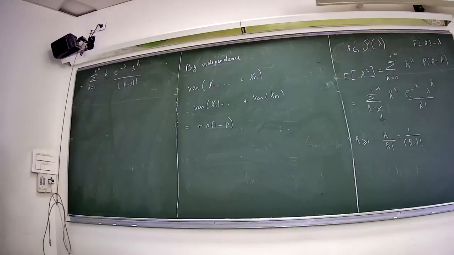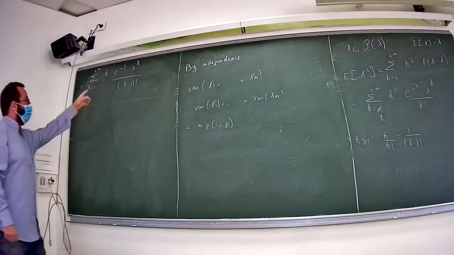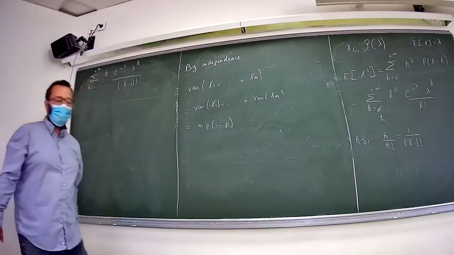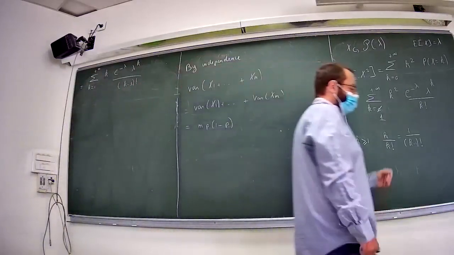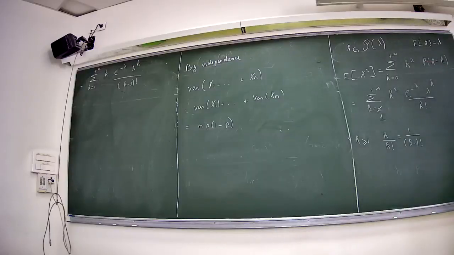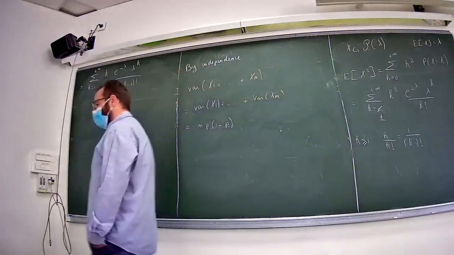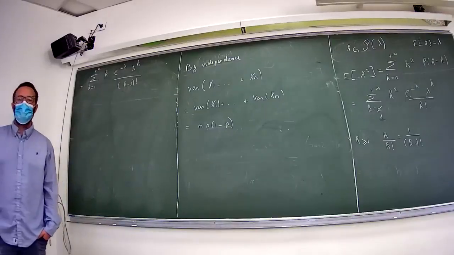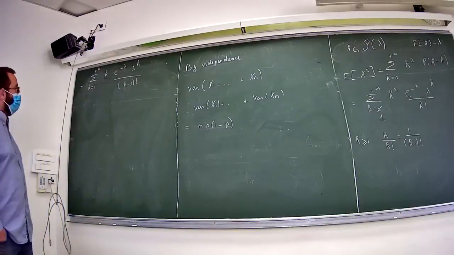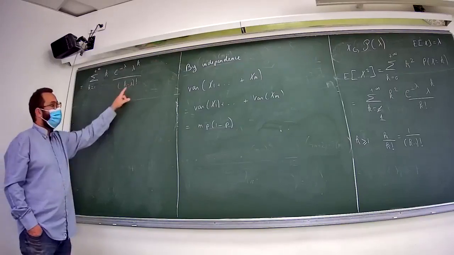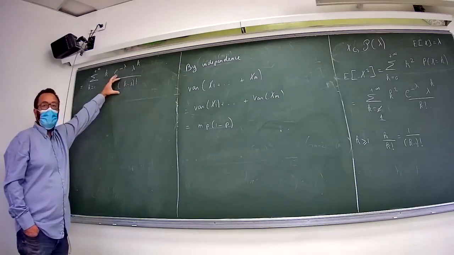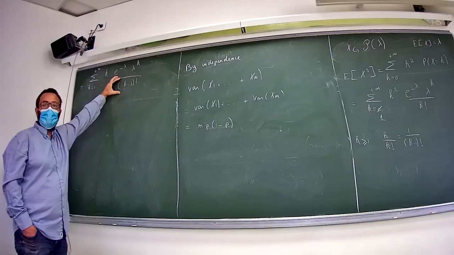How to continue here? Now it's not possible to simplify. An idea how to continue? Yeah, it's a good idea, because if I had k factorial instead of k minus 1 factorial here, I would be able to do the computation, because it's just the expectation.